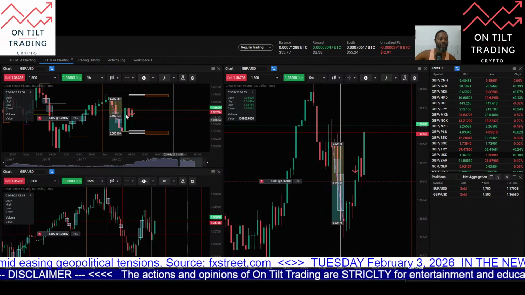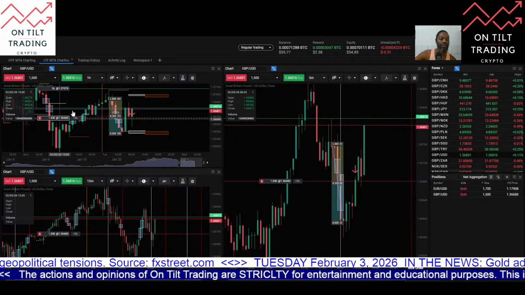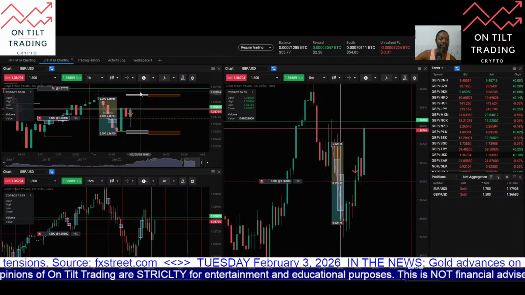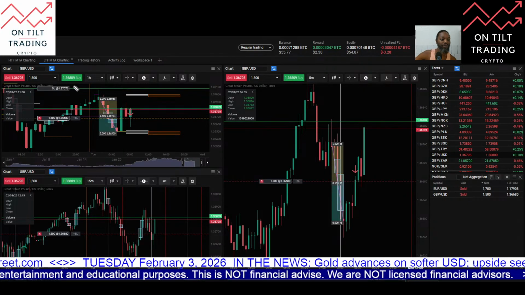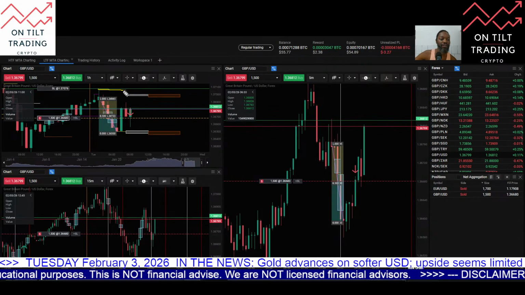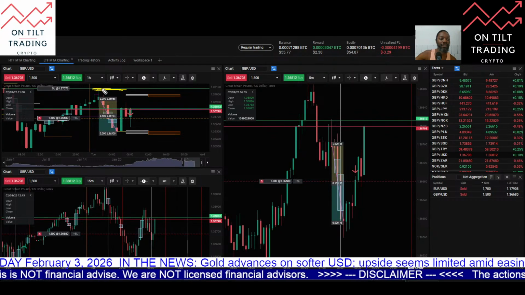And same thing with the stop loss. My stop loss is resting above this London high here. So stop loss 137.076, covering the spread here from the London high.